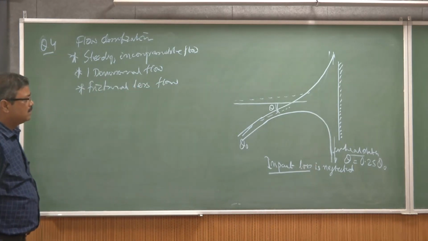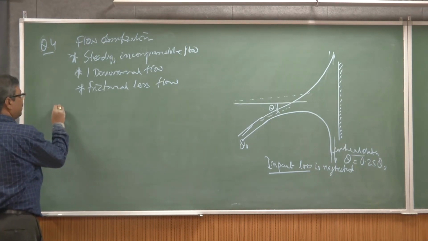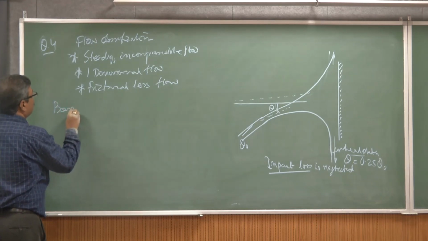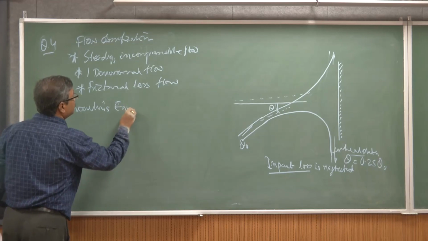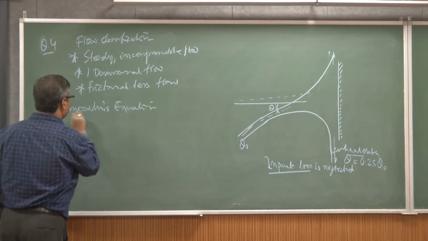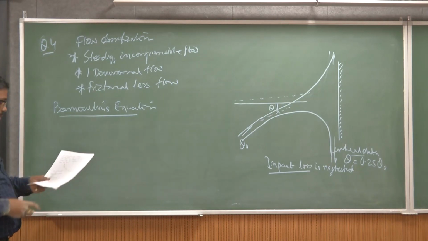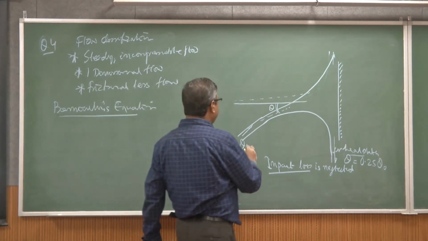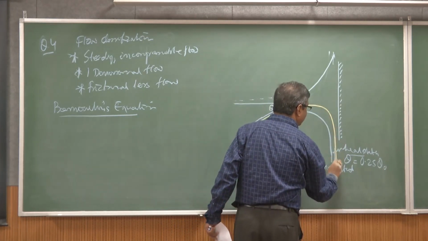If those are the conditions, first we will apply the Bernoulli's equation for this case. To apply the Bernoulli's equation, we can draw streamlines. We can draw a streamline like this.